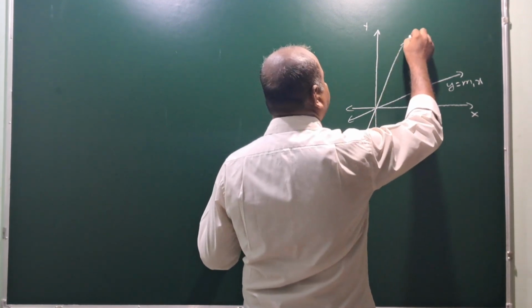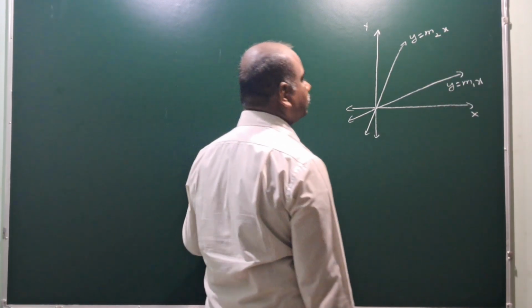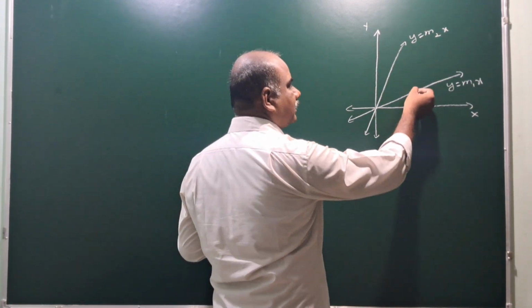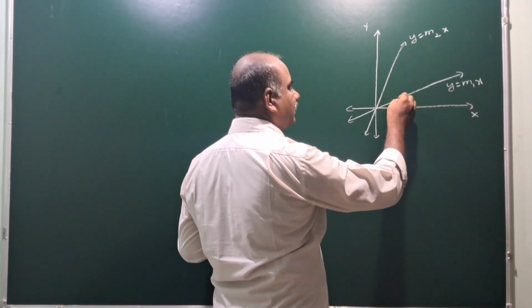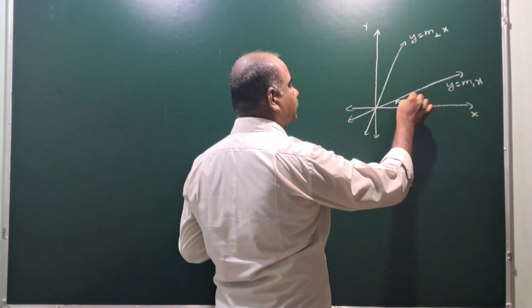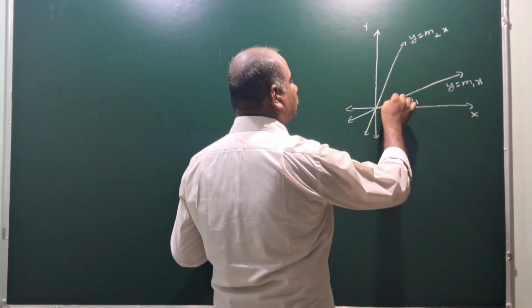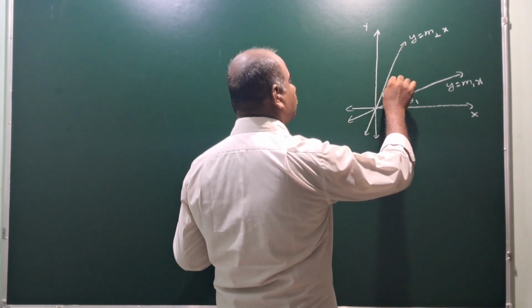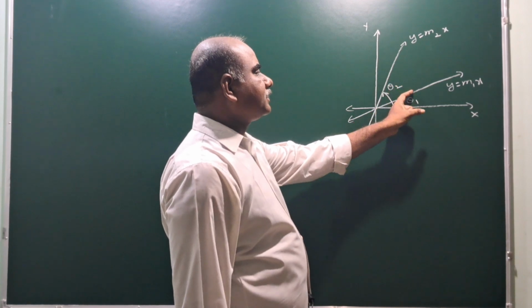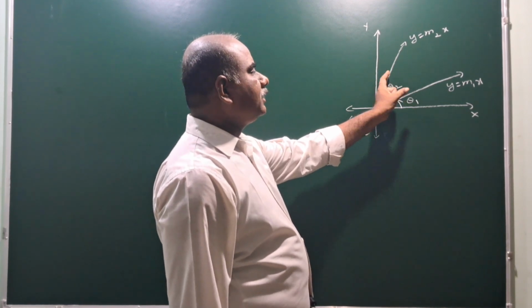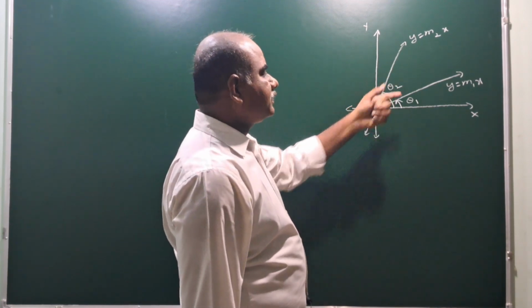This is another straight line y is equal to m2x. Let us say this straight line makes an angle with the positive direction of x-axis in anti-clockwise direction, let us say it is theta 1, and the second straight line makes an angle theta 2. Okay, and this is the angle between these two straight lines, and we have to find the combined equation of angular bisectors which bisect these angles.